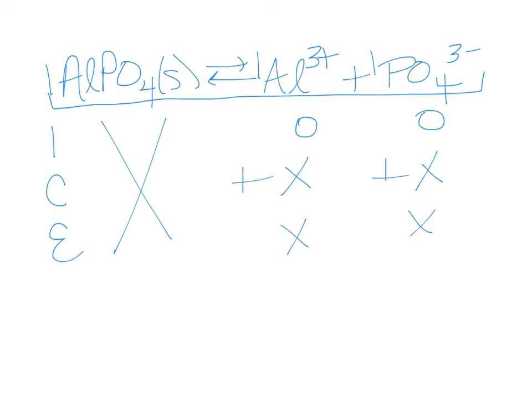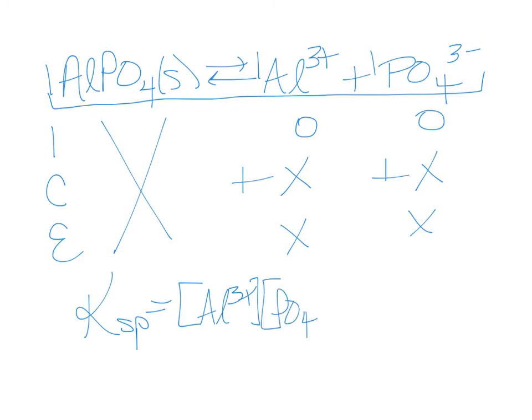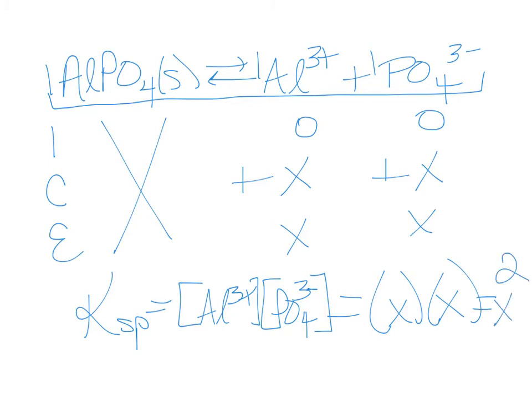All right, and so the Ksp expression is simply concentration of the aluminum ion times concentration of phosphate ion, no exponents. So now I just have X squared, and I set that equal to the given Ksp value, 9.83 times 10 to the minus 21 equals X squared.